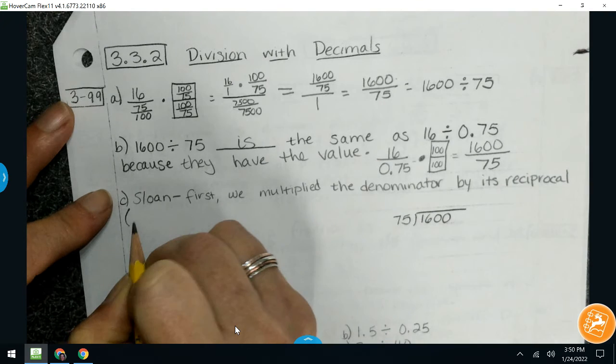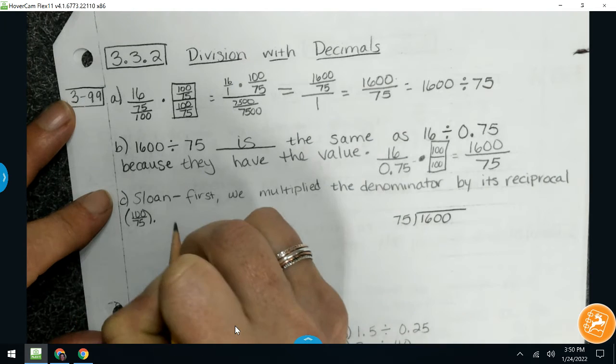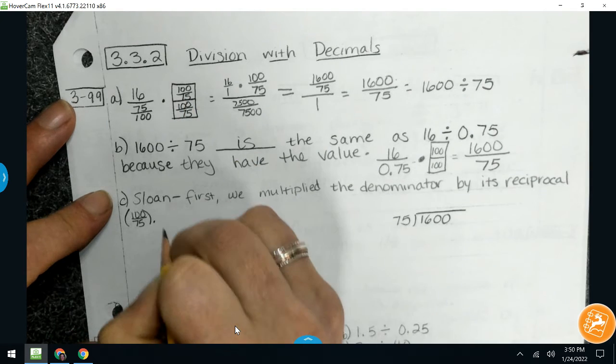And the reciprocal for that was 100 over 75. Then we took that reciprocal, we changed it into a giant 1.